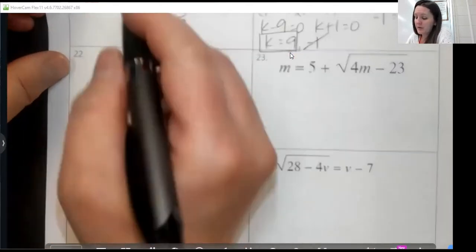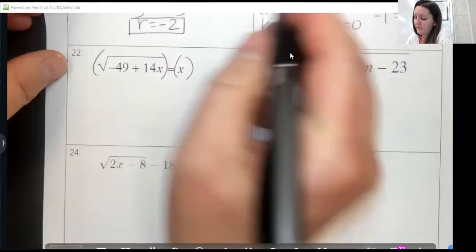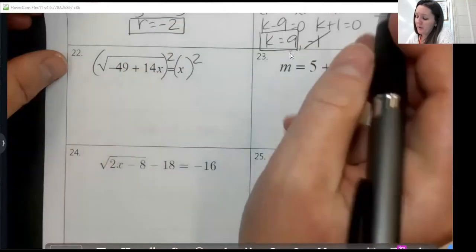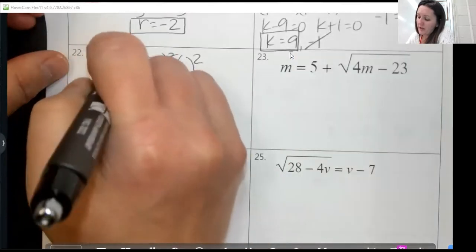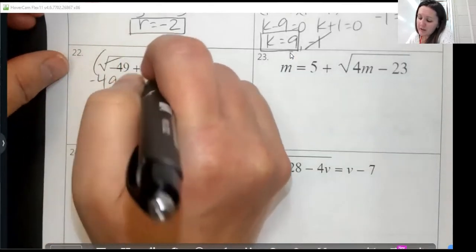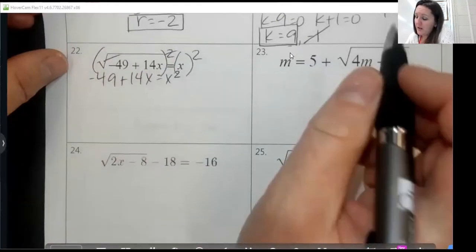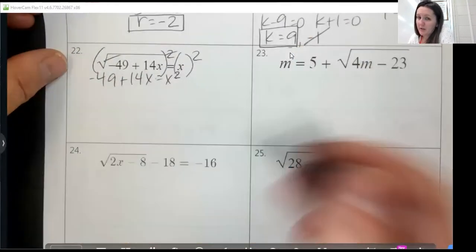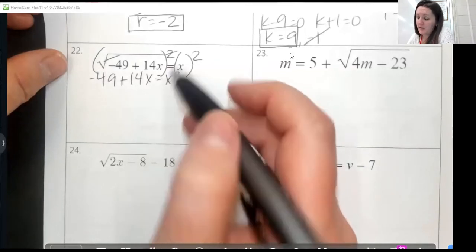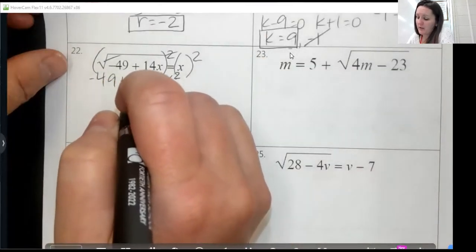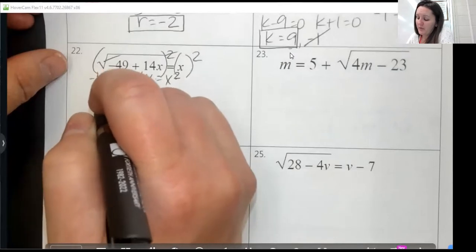All right, radical is isolated. I'm going to square both sides. So that cancels those. So we have negative 49 plus 14x equals x squared. I see an x squared and an x. I'm going to get everything on one side and factor. I always like to make sure that the x squared is positive. So I'm going to subtract 14x and add 49.